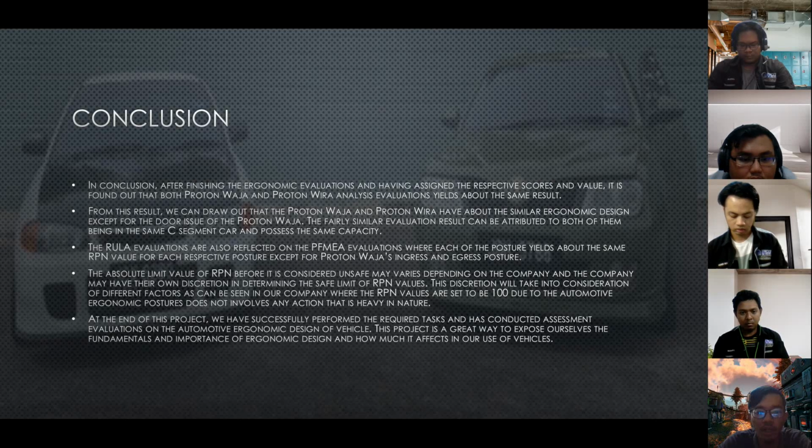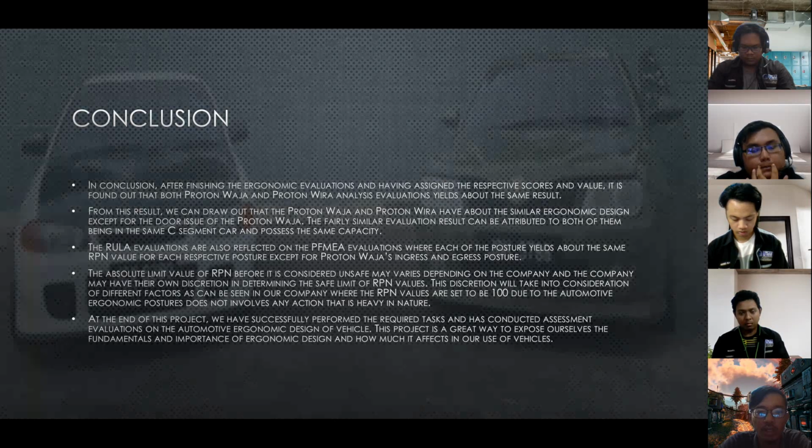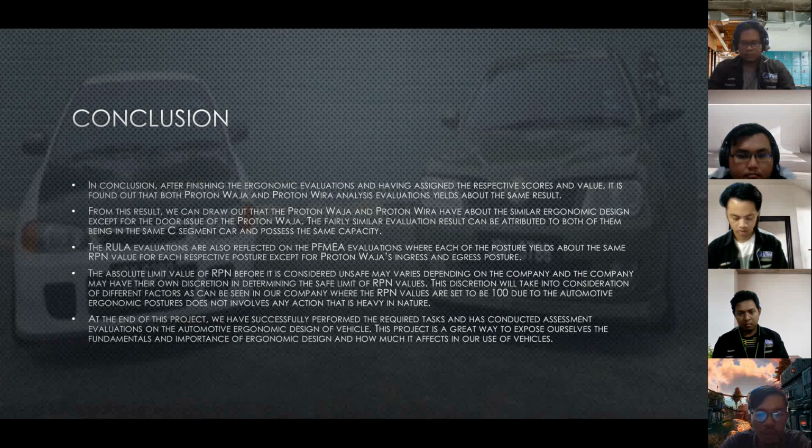Okay, the RULER evaluation is also reflected in the PFMEA evaluation, where each of the vehicles yields about the same RPN value for each respective posture except for the Proton Wajah ingress and egress posture.